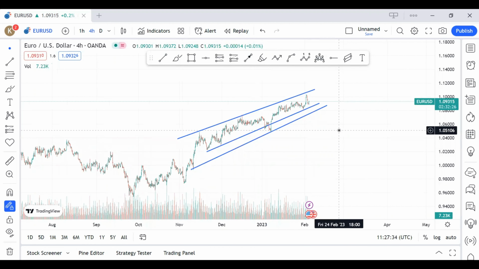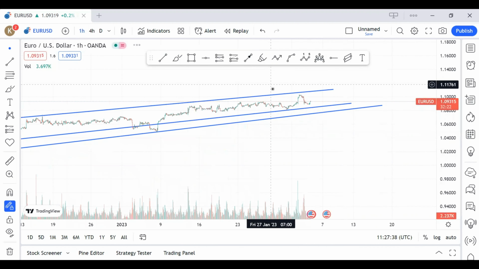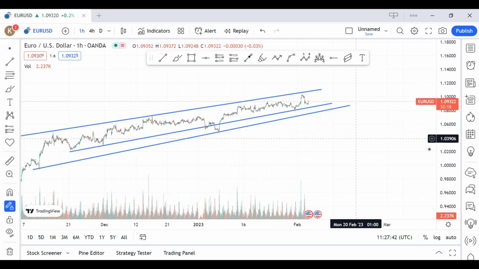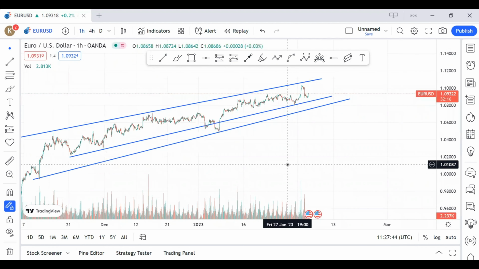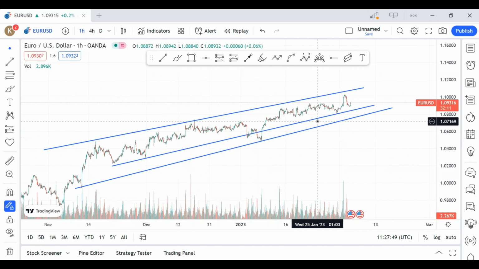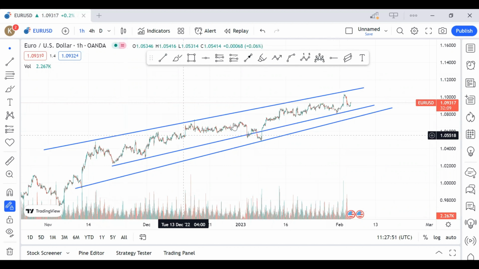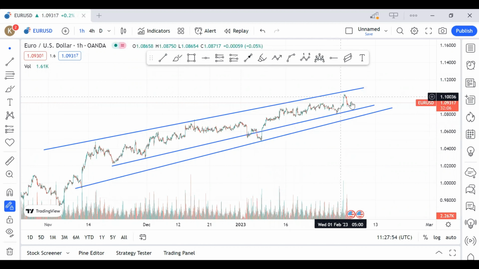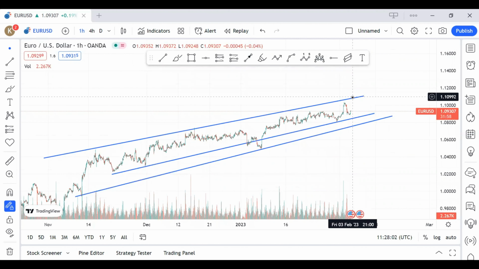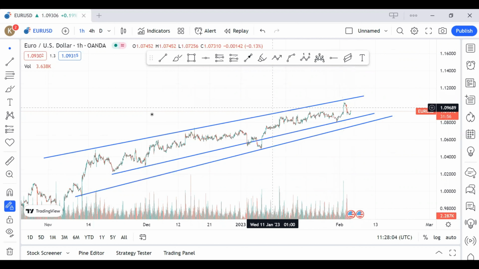Okay, so let me move to a 1-hour time frame and see what Euro USD was trying to give us. Moving on to the 1-hour time frame, I can see that this structure was respected highly. Therefore, this was now going to be our trading structure where we're going to sell and buy this pair. At this level here, I was going to say the market was going to sell.